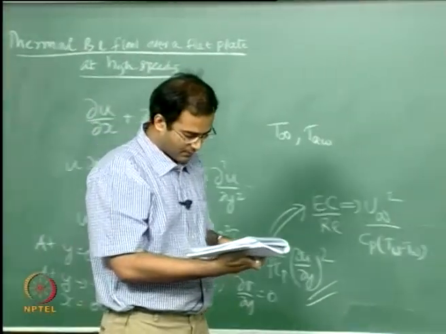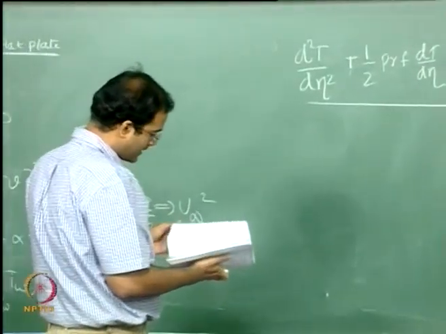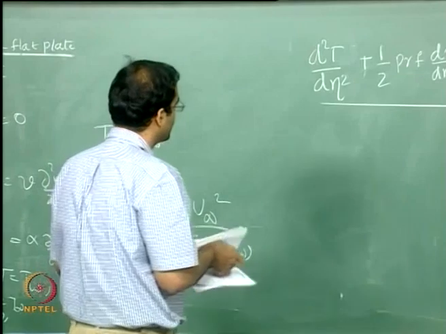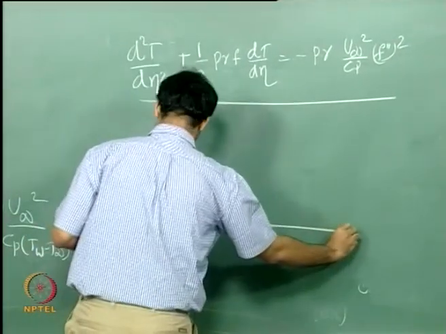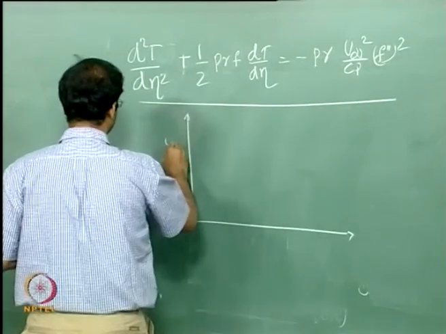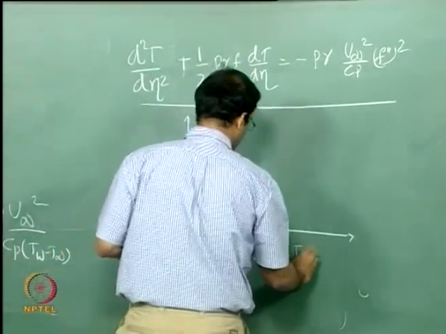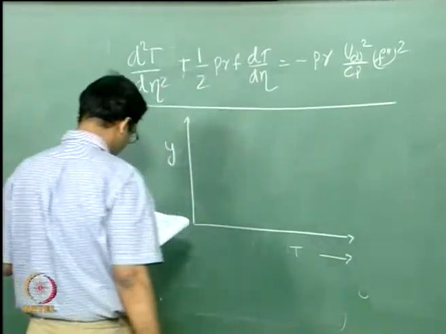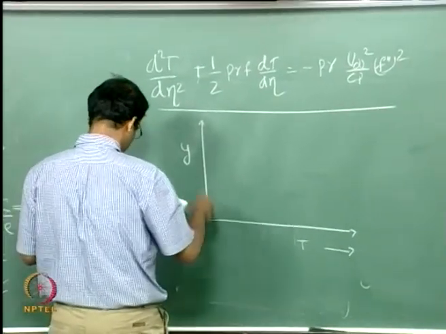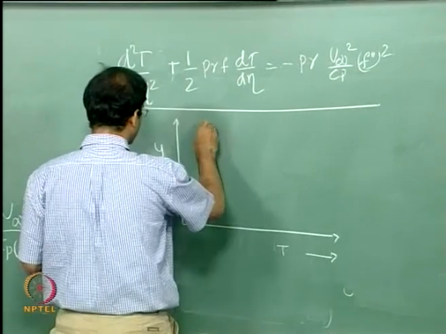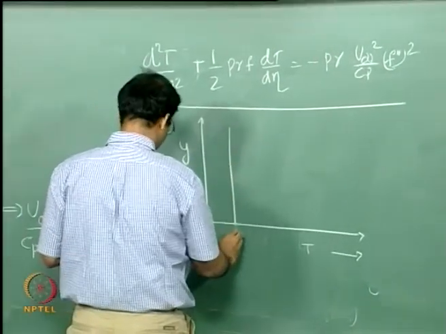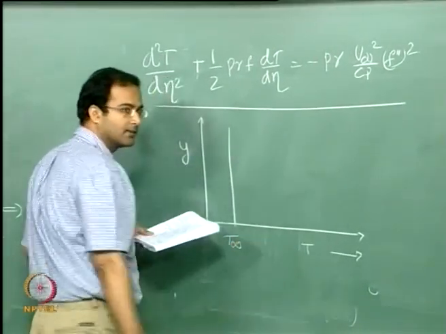Just to give you an idea how the temperature profile looks before we wrap up, if you plot your temperature on the x axis, at y going to infinity your temperature will be your free stream temperature.